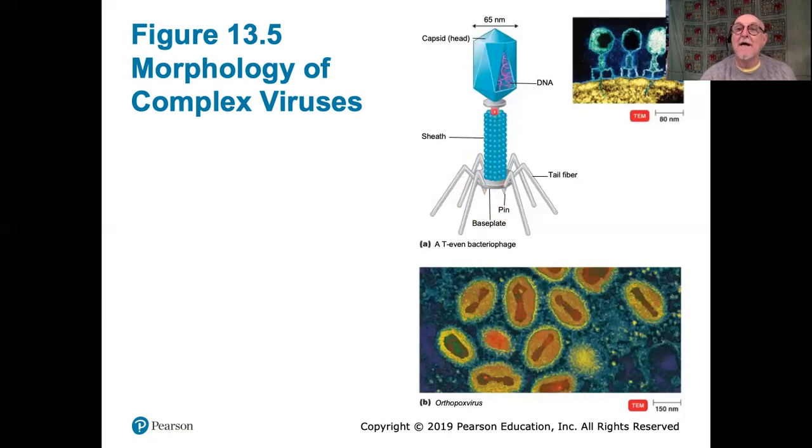And at the same time, this spring collapses, and this tube gets forced through the cell wall of the bacterium and through the cell membrane into the cell. And as soon as that happens, all of the DNA is pumped through into the bacterial cell.